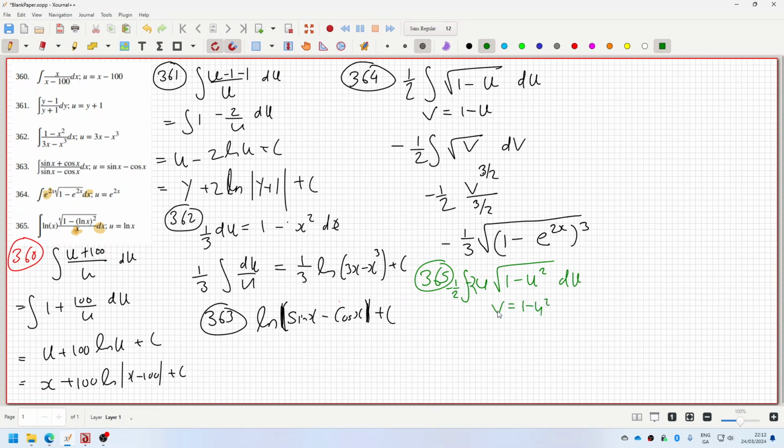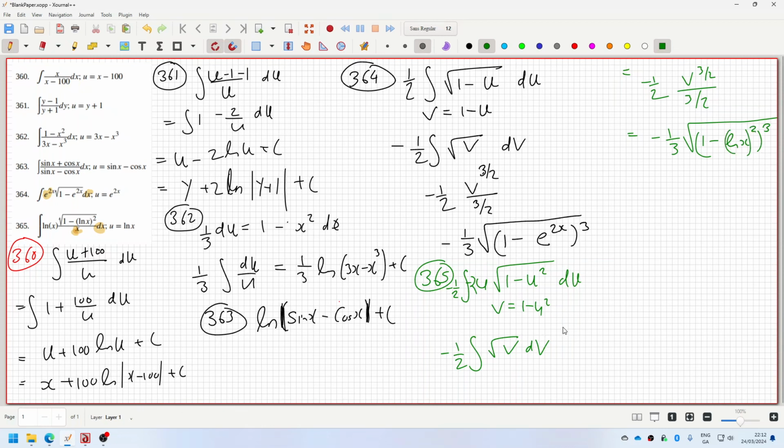And you can see that dv du equals minus 2u. So then this becomes minus a half integration of root v dv. And that becomes minus a half, increase the power by 1, divide by the new power. That becomes minus a third root v cubed, and v is 1 minus u squared, and u is log x, so that's 1 minus log x squared.